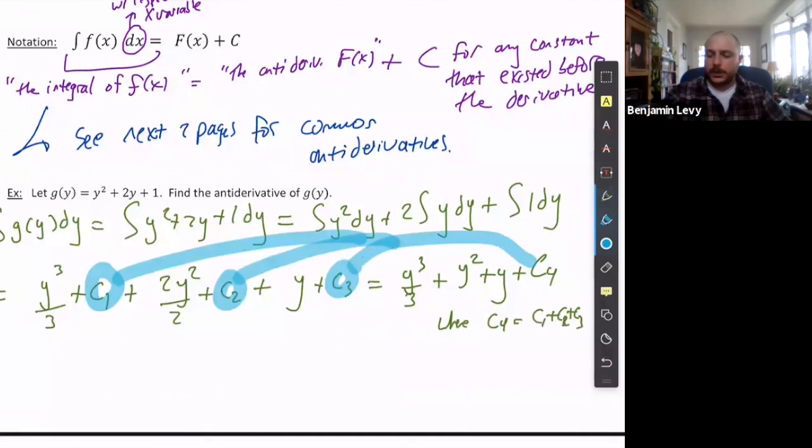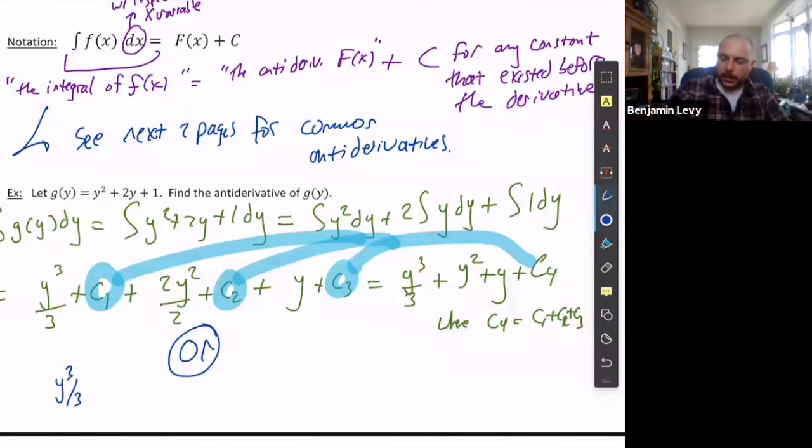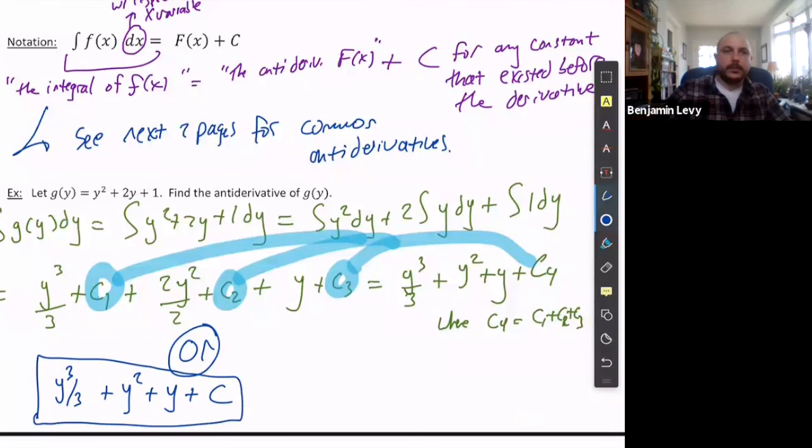So I don't need to necessarily see that. What I'm trying to say is each one gets 1, they collapse into 1. And so really the way you would want to write this is y cubed over 3 plus y squared plus y plus some generic c that accounts for all of them.